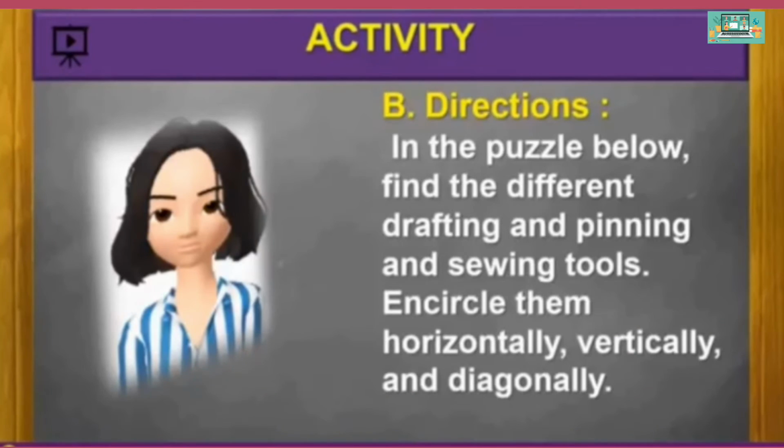For activity B, in the puzzle below, find the different drafting and pinning and sewing tools. You can encircle them horizontally, vertically, and diagonally. You have 2 minutes to answer. Once the song stops, that means 2 minutes is up.